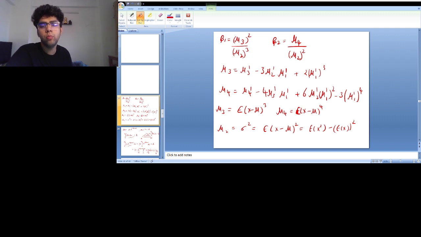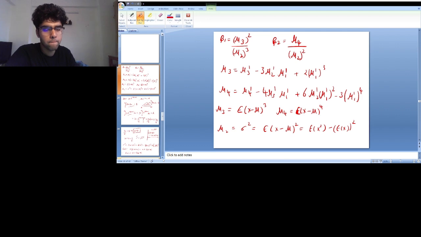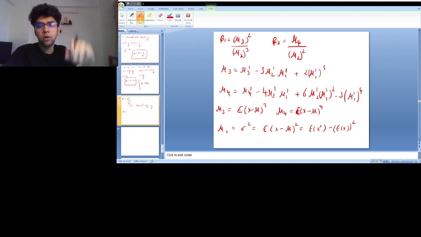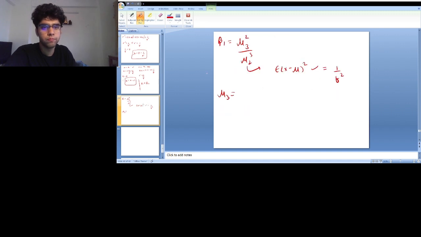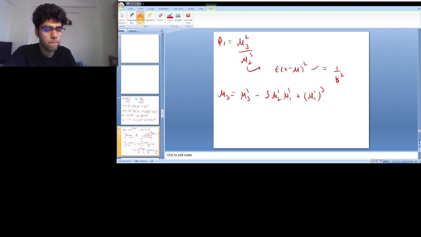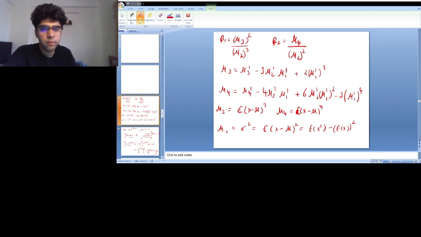Mu 3 dash minus 3 times mu 2 mu 1 dash plus 2 times mu 1 cube.